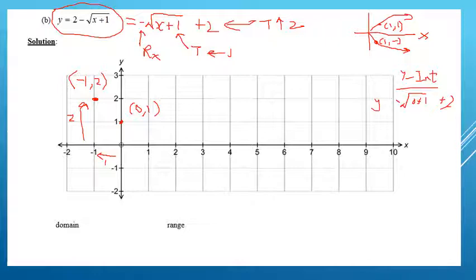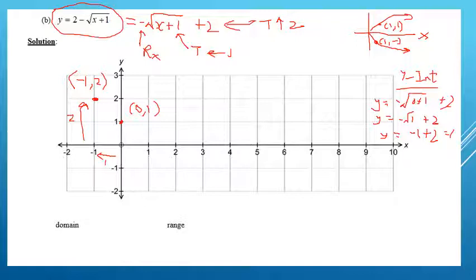So y equals the negative square root of 1 plus 2. We know the square root of 1 is 1, so this is -1 plus 2. And we get the answer 1. So we found 2 different ways to find that y-intercept. The graph comes down like this.